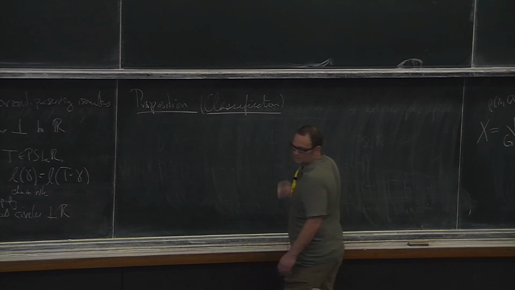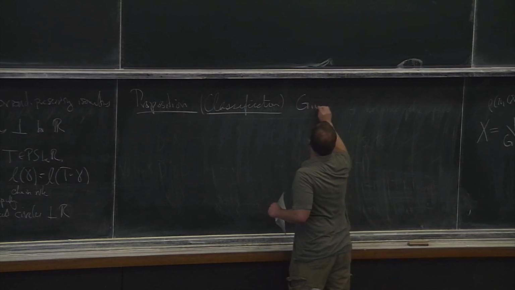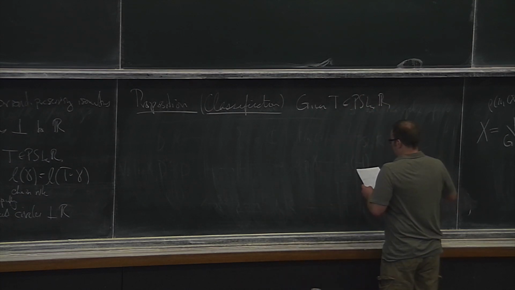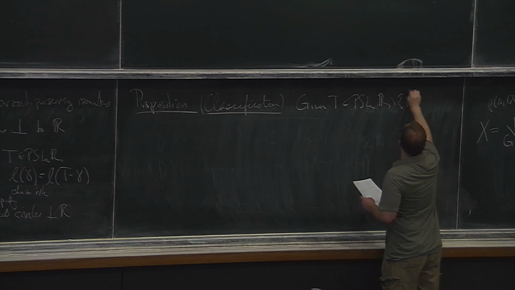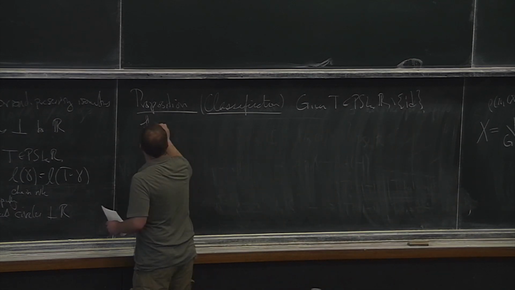So how do I want to say this? So given T in PSL2R, let's say not the identity, then one of the following happens.